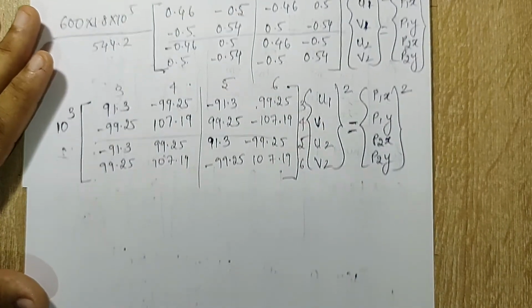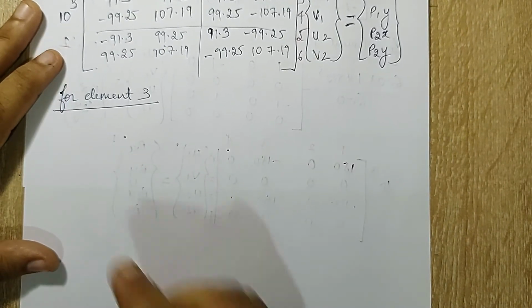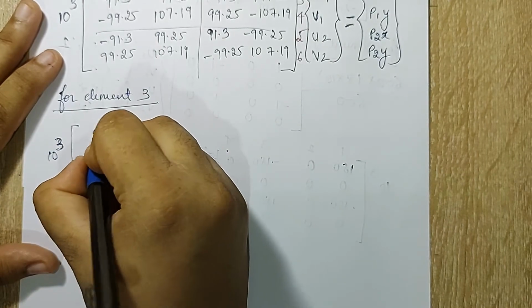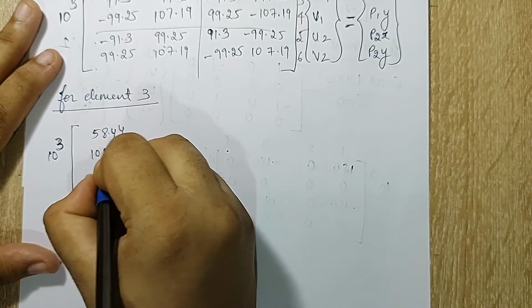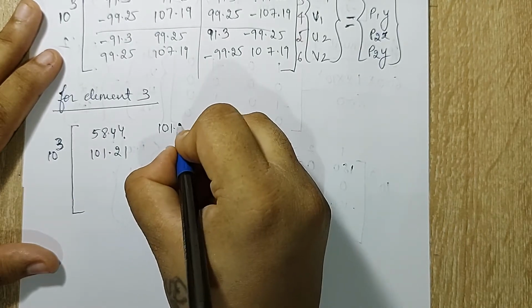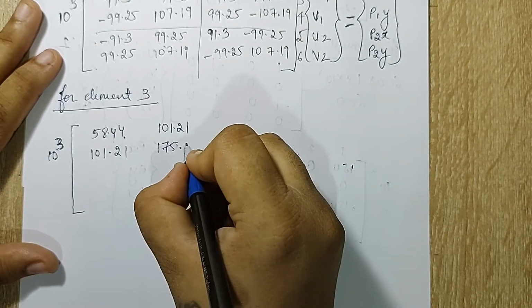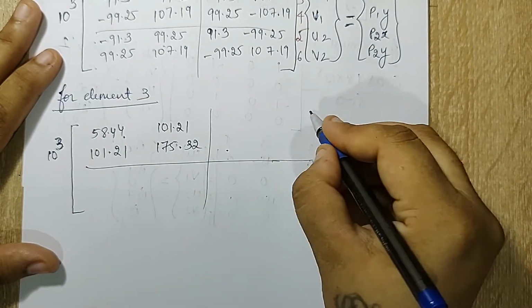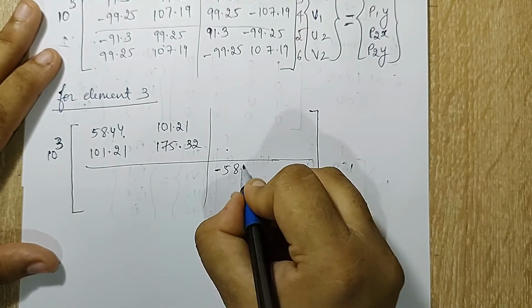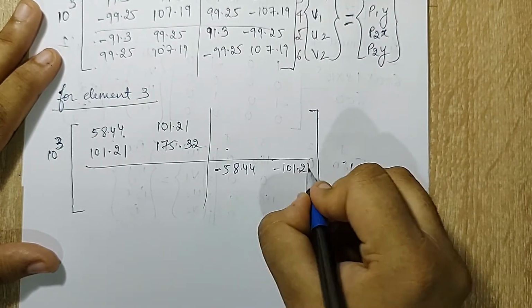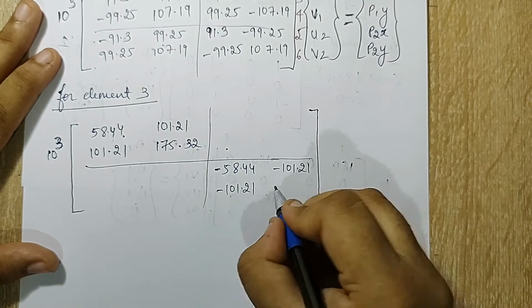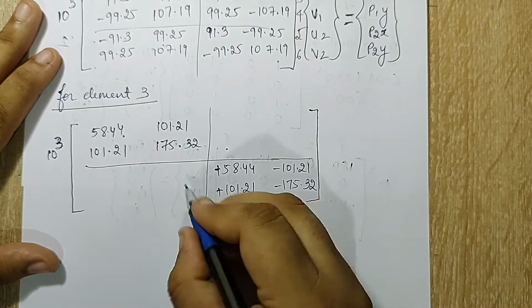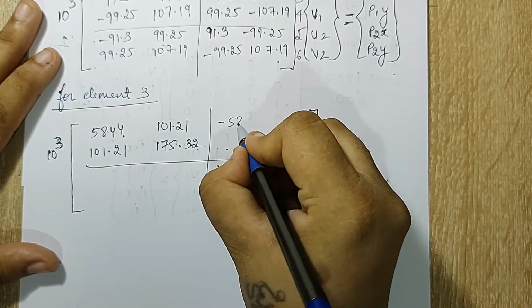Last I will solve for element 3. For element 3 I will directly write the values. I think you can solve now. So 10 raised to 3 common. All of them are positive. So I will take negative sign for all of them here. I will copy the same thing, sorry, not negative sign will come here, minus 58.44.